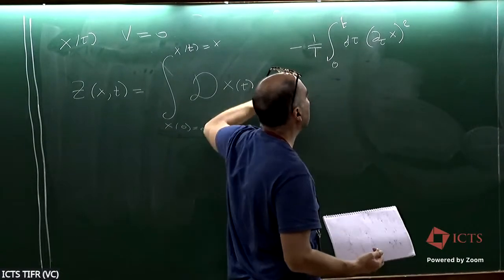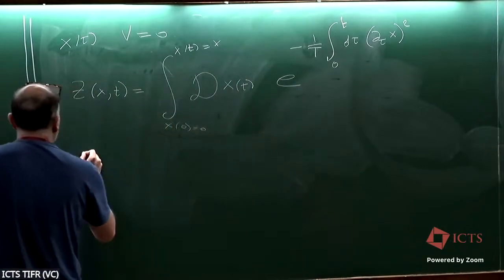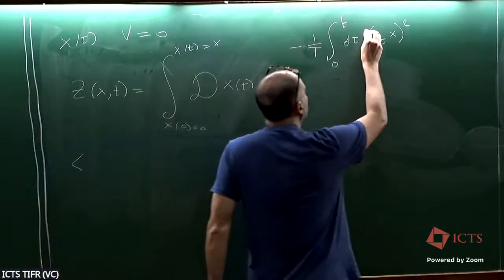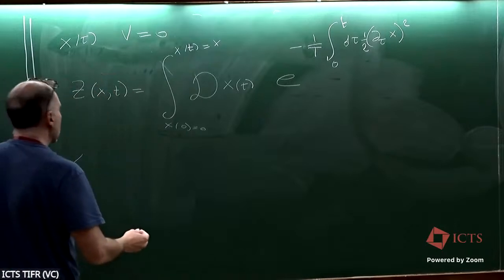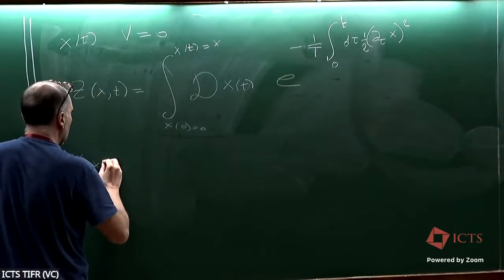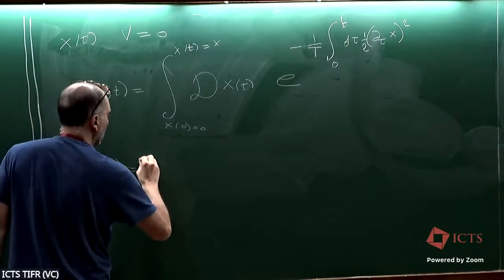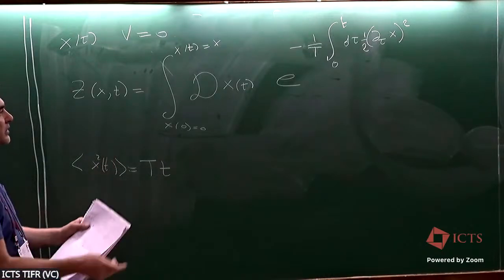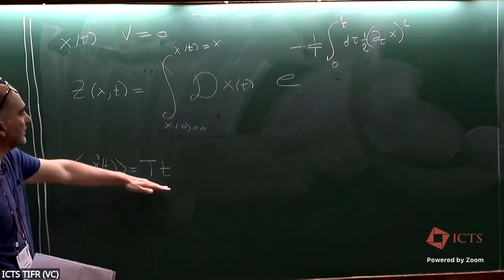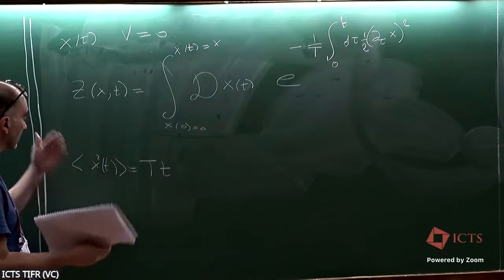Let me put 1/2 here, because I like this. It is what gives you that x of t squared is equal to capital T times t. It is what gives you diffusion. So it is a kind of continuum limit of a random walk, and this is the probability to have a given trajectory x of tau.